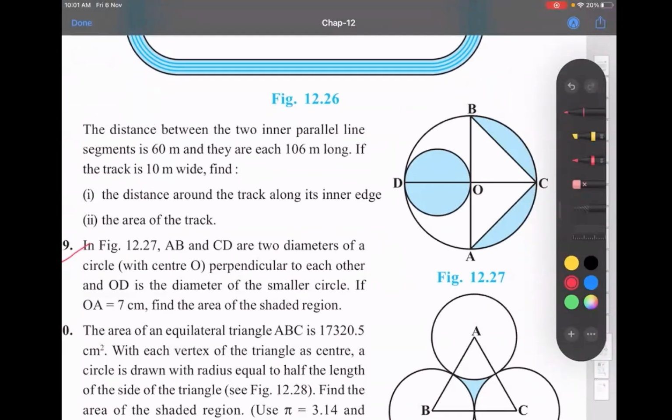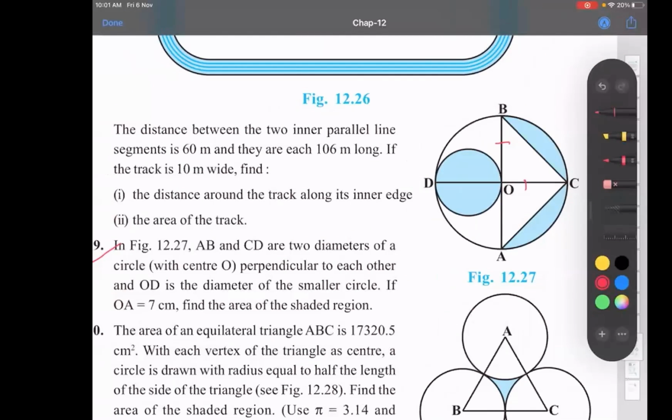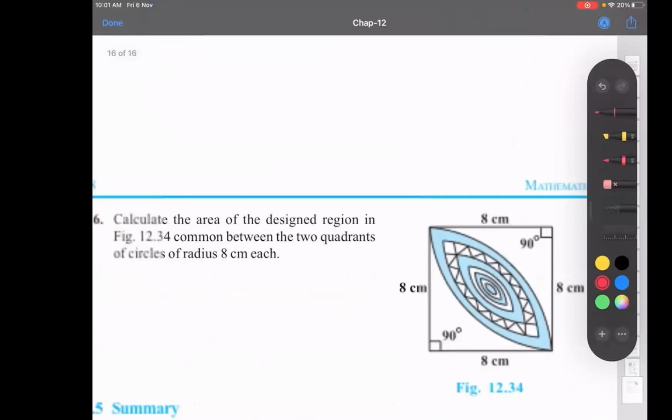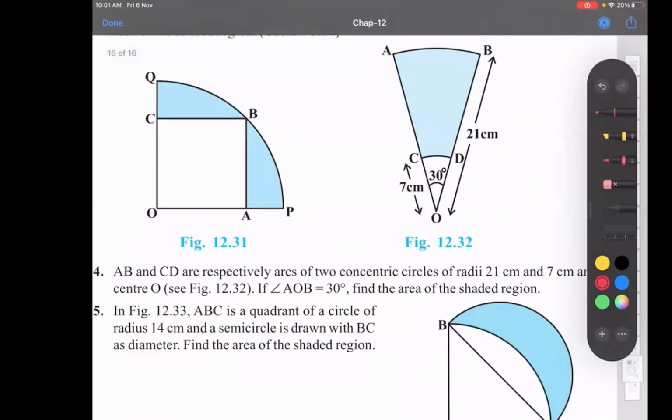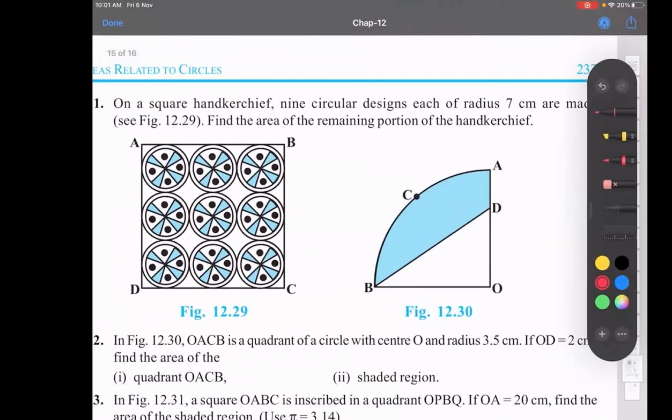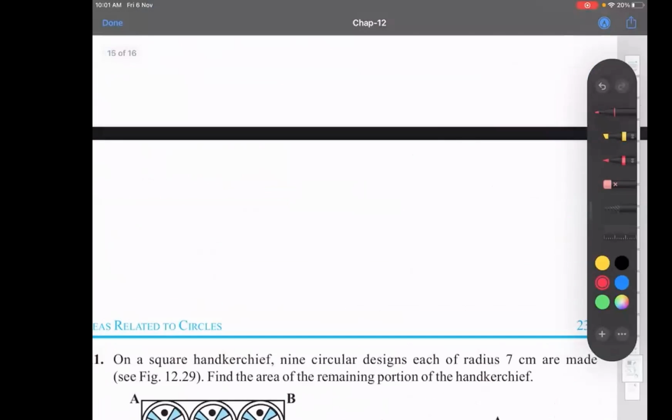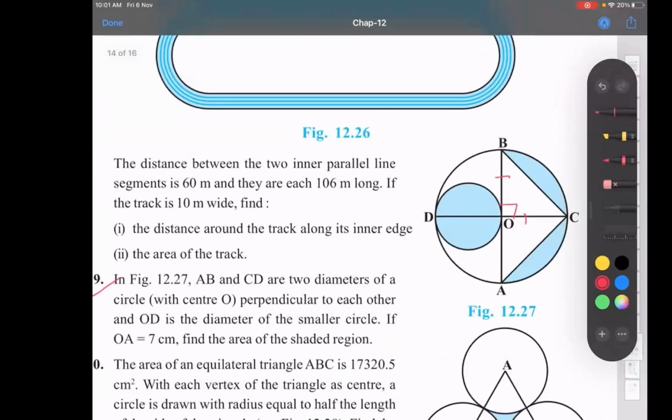In figure 12.27, AB and CD are two diameters of a circle with center O, perpendicular to each other. They make an angle of 90 degrees, and OD is the diameter of a smaller circle.